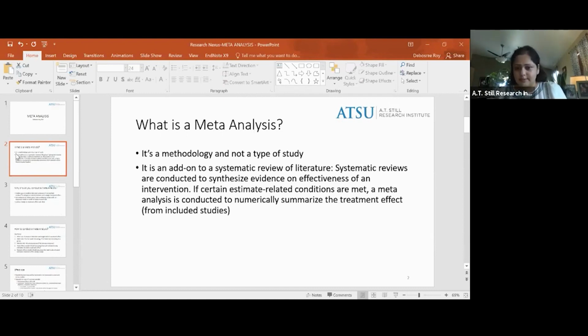But that's for another day. This methodology can give you an estimate of treatment effect from the studies that are included in this analysis, not necessarily the treatment effect of that particular intervention. So we have to exercise caution while writing down and interpreting our results.